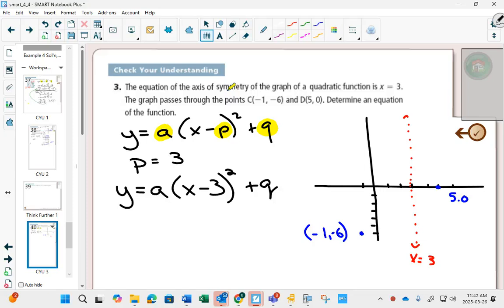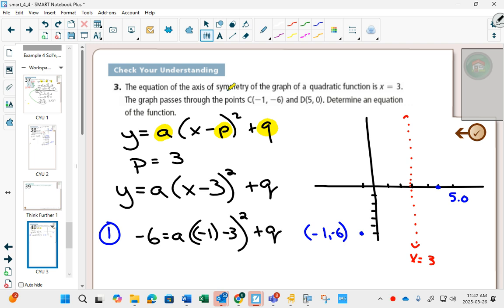So remember in the previous question I said if a point is on the parabola, it makes the equation true. If a point is not on the parabola, it doesn't make it true. So I can create equation 1 by plugging in. I know that I have the point (-1, -6), so that means when y is -6, x has to be -1.